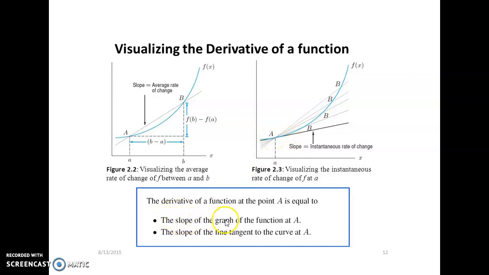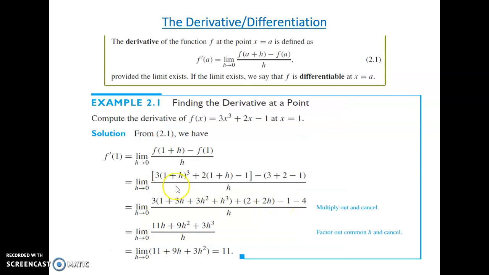So the slope of the graph of the function at A, or the slope of the line tangent to the curve at A, is nothing but the derivative of the function at the point A. In other words, I can define the derivative of a function f at the point x equals a, denoted by f prime a.